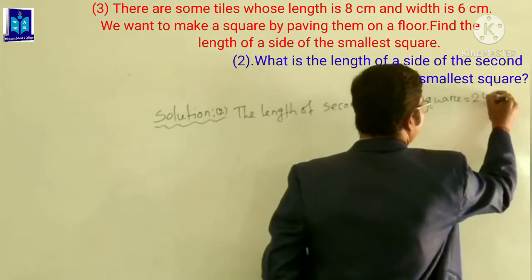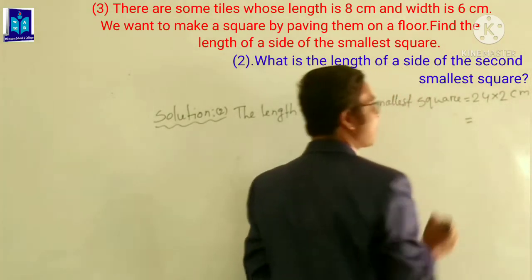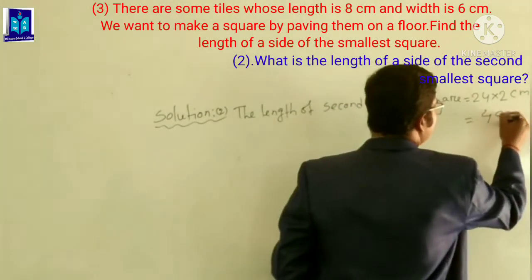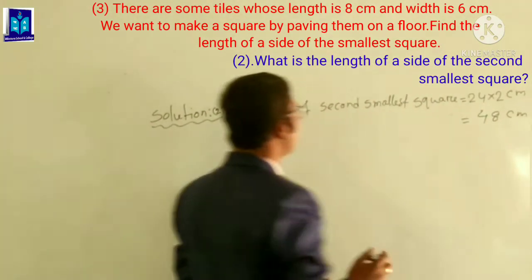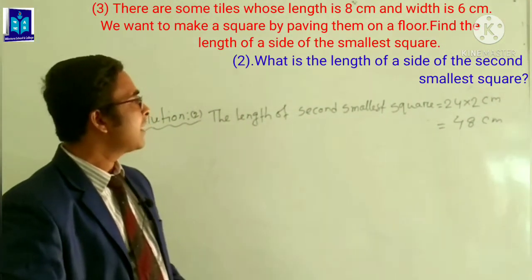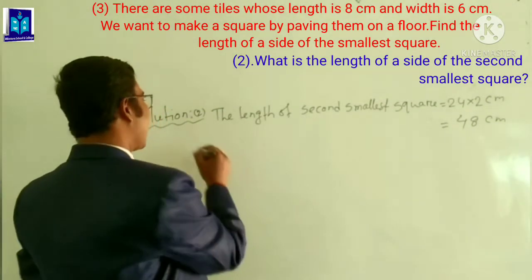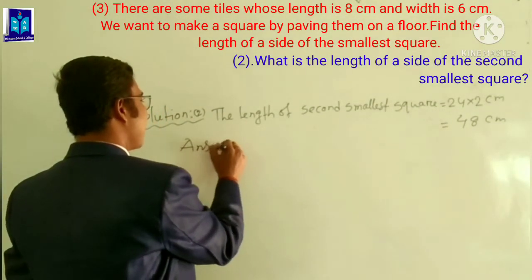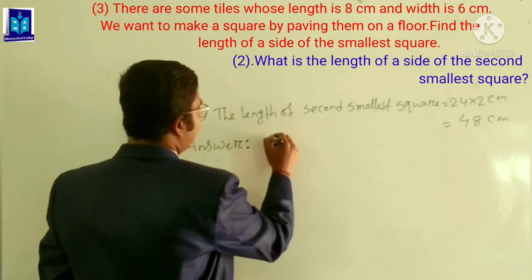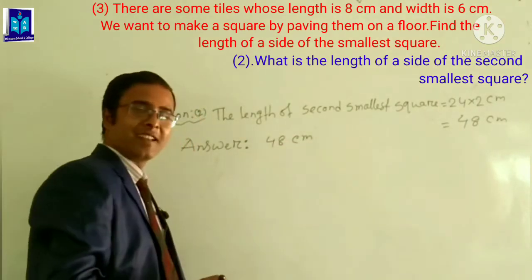Yes, 24 multiply 2 centimeter. That means it will be 48 centimeters. So we get here the length of second smallest square is 48 centimeter. So we can write here answer like this way. So write properly please. 48 centimeter. Okay?